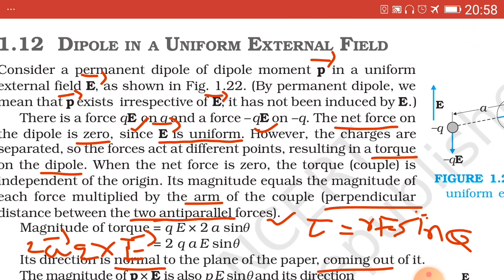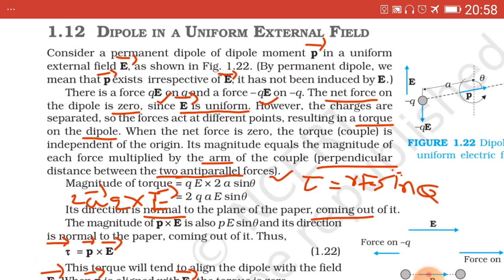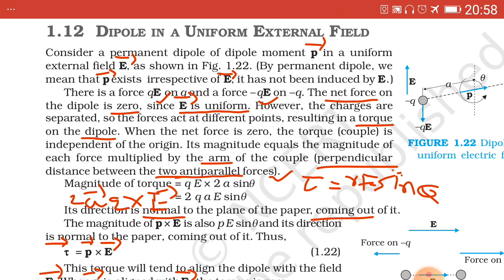Article 1.12. We are to study a dipole in a uniform external field.